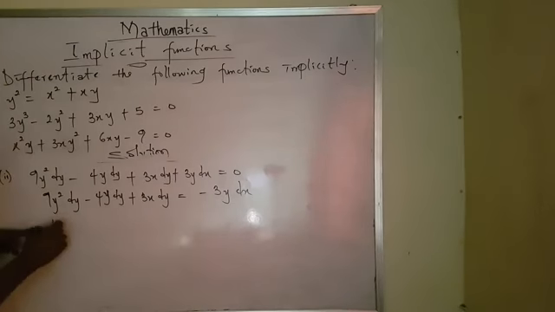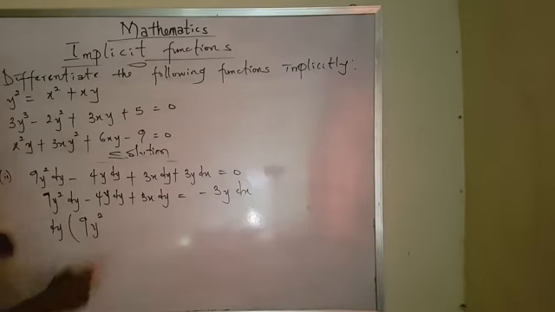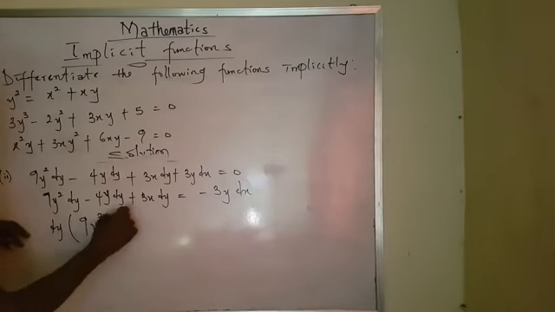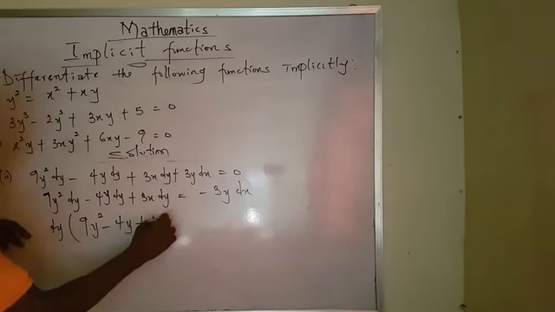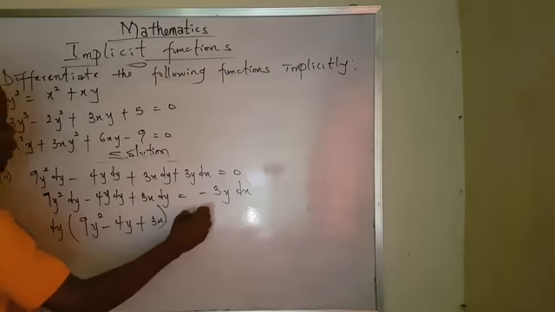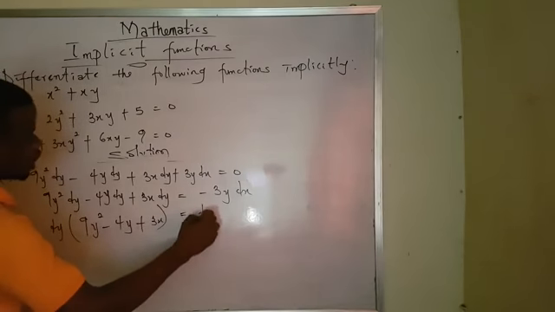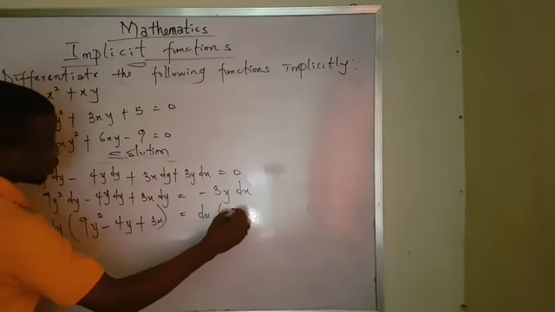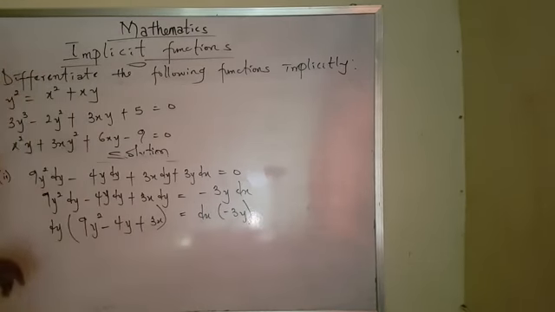So here I can have my dy, open a bracket, you have 9y squared minus 4y plus 3x. And that can be equal to what? Dx, open a bracket of minus 3y. Are you seeing that? So we can now say we have our dy dx, of course, just like we did in the previous one.